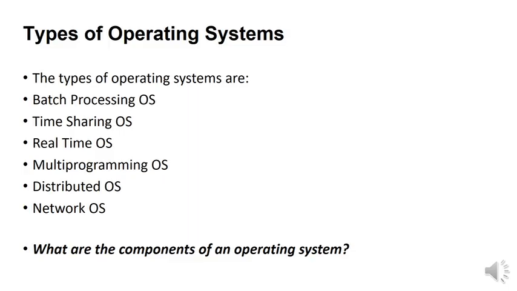We now have the time sharing operating system. What do we understand by time sharing? Time sharing operating system offers a different way of providing computer service. In this setting, a computer offers online computing service to numerous users at once.